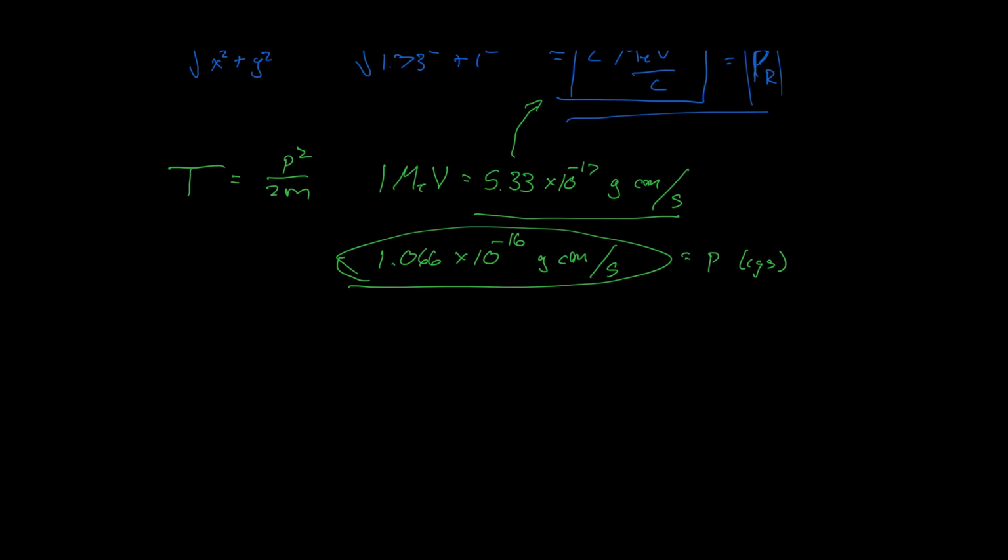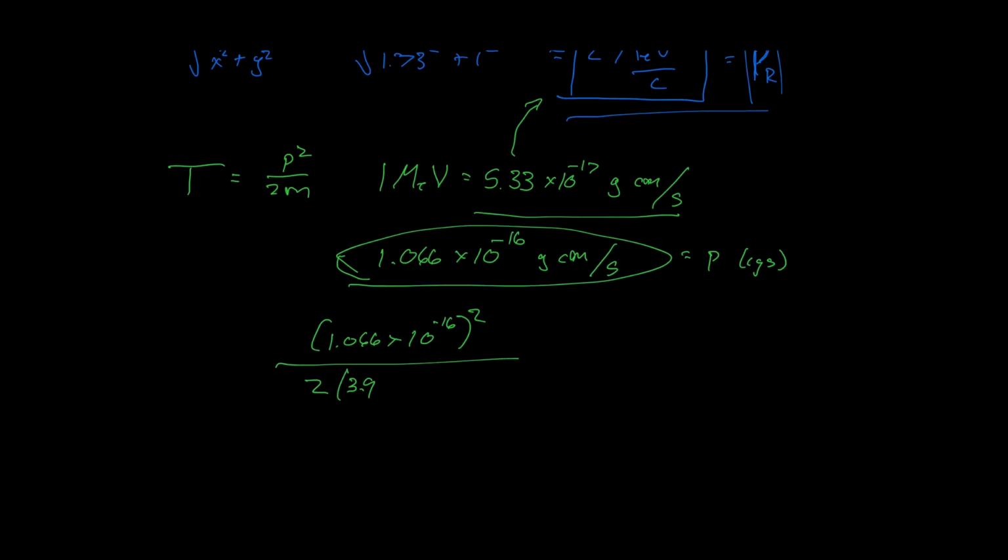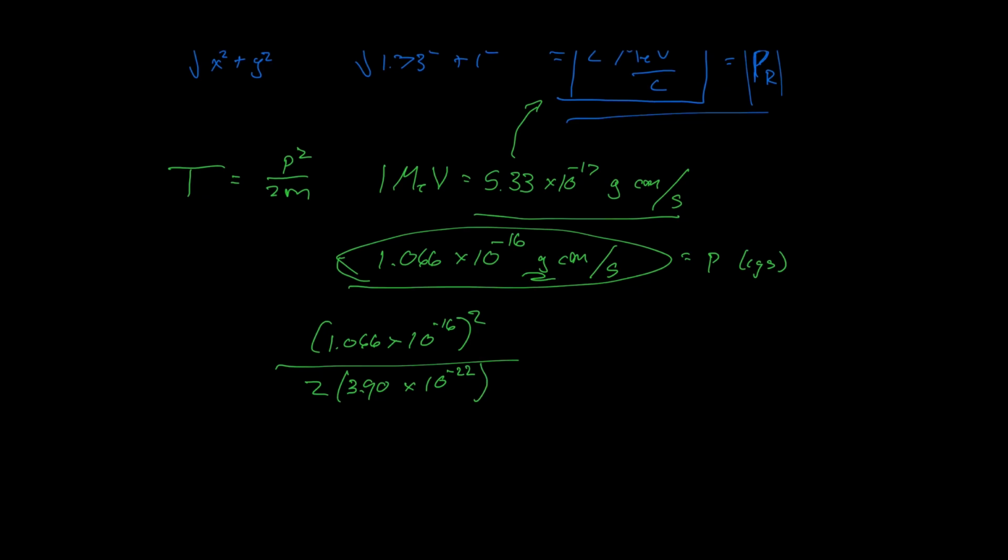And we just need to square it: 1.066 times 10 to the minus 16 squared, over 2 times our mass. And our mass was 3.90 times 10 to the minus 22 grams, because it needs to be in grams. When you punch that into the calculator, it ends up being 1.4543 times 10 to the minus 11. And this is in ergs. That's our CGS system.